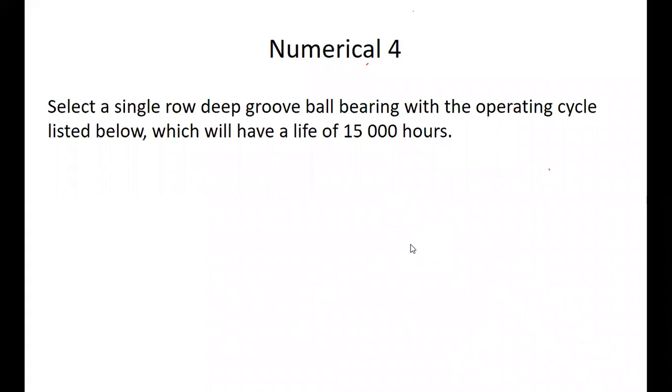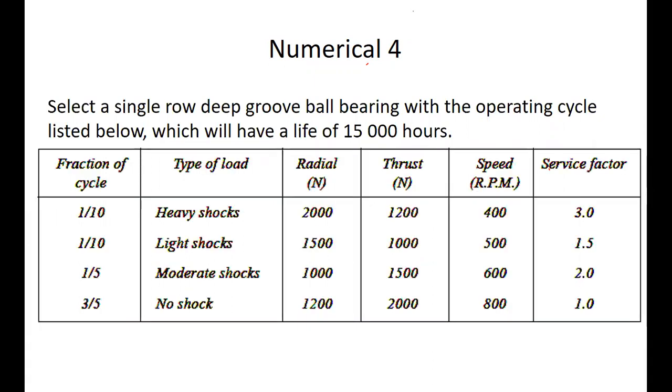Last numerical, single row deep groove ball bearing, operating cycle listed below. Life L10 is given, 1000 hours. Again, this is a big numerical because they have given us the radial load as well as the thrust load, FR, FA, service factor S or KA, RPM is given N, fraction of cycles is given, right?